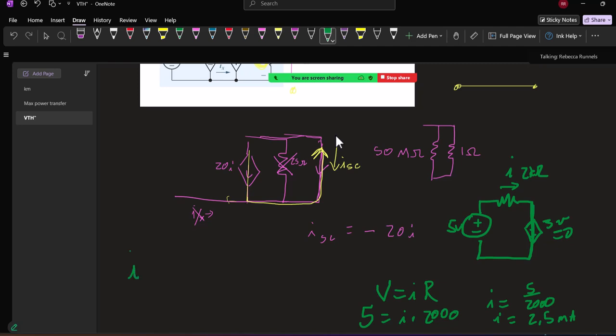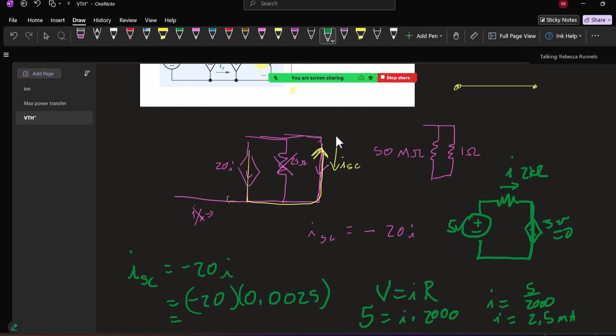So that means I short circuit, which is negative 20I, is negative 20 times 0.0025, which is negative 0.05.